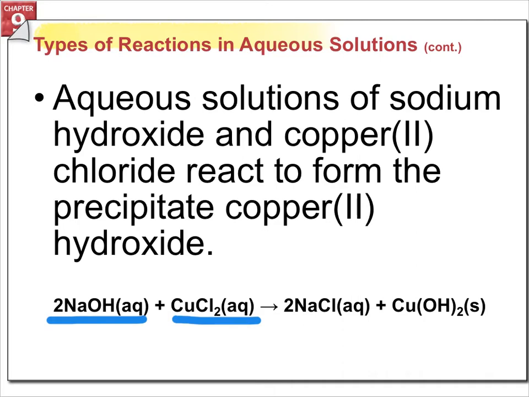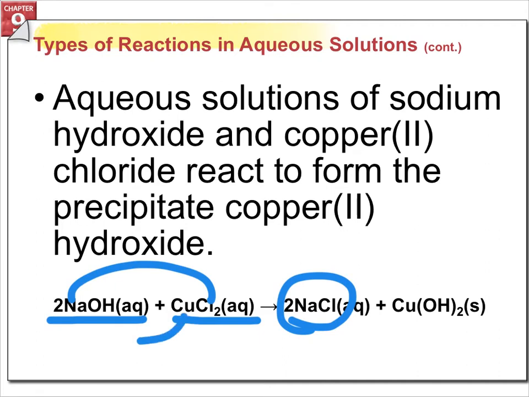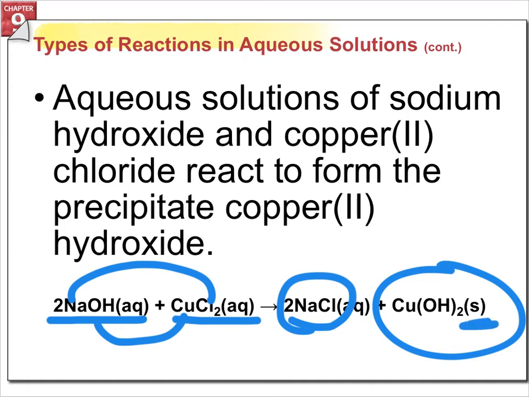Okay, so aqueous. And when you put those together, we have a double replacement reaction where the sodium and the chlorine come together, and the copper and the hydroxide come together here. Okay, so double replacement reaction, but now we have a precipitate. We have a solid that comes out of that.